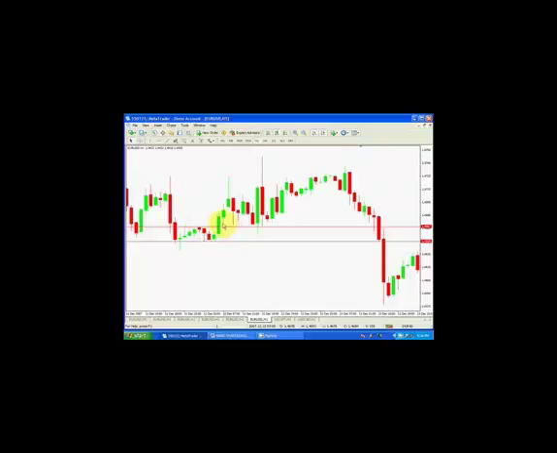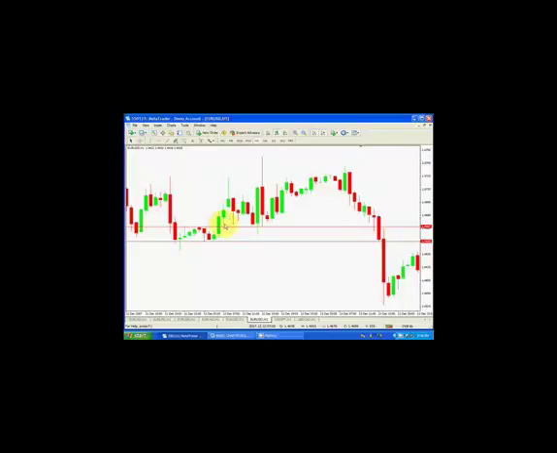So if price stopped here instead of going down to this first level of support, why did it stop here? Why didn't it make it all the way down? Because a market cycles between support and resistance. A market will continue up until it meets a location where you have sellers, and a market will continue downward until it encounters buyers.